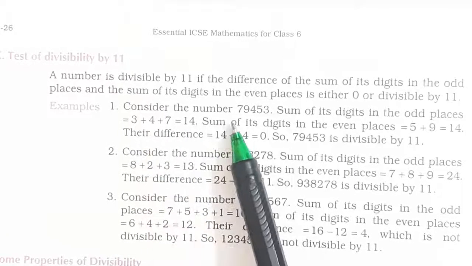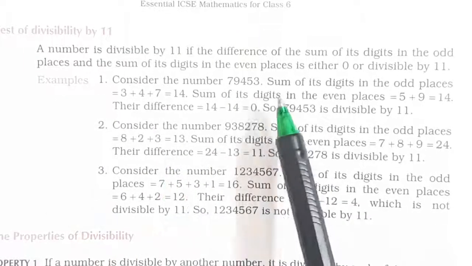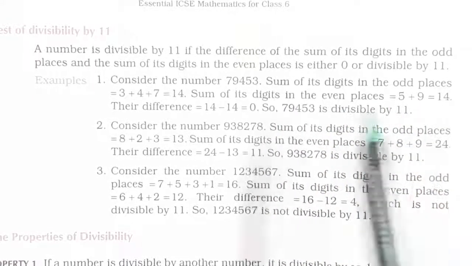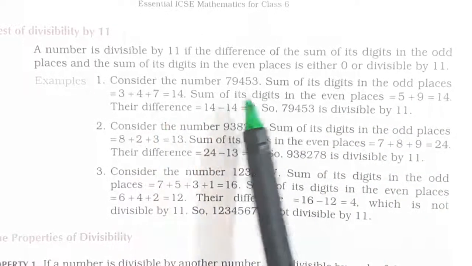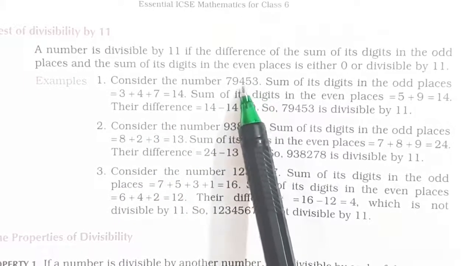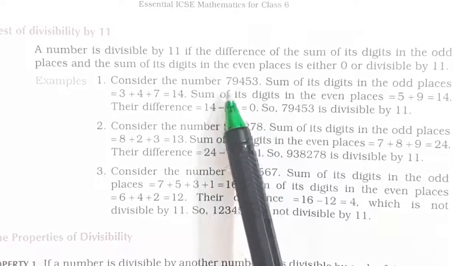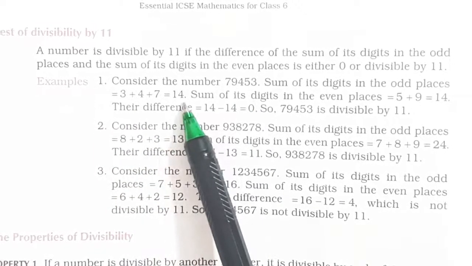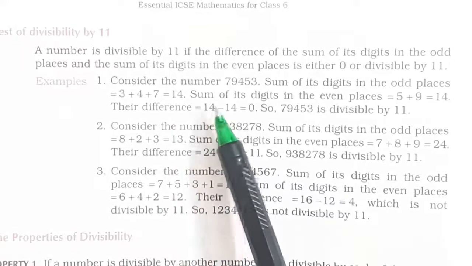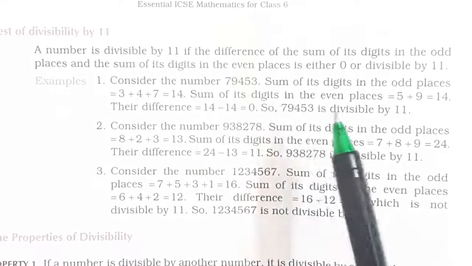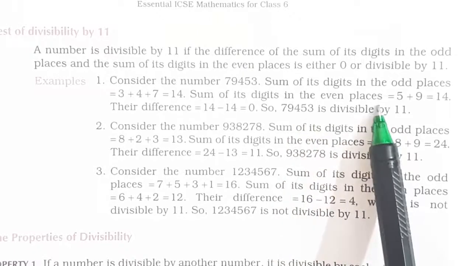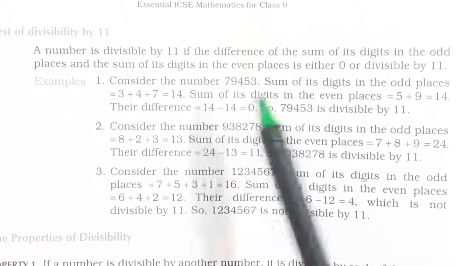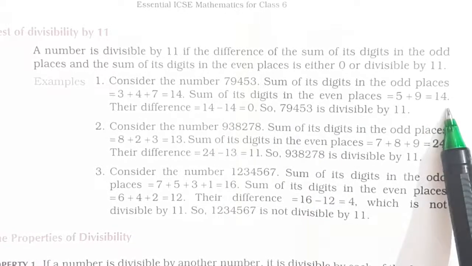Let us consider a number. Sum of digits in the odd places, that is 3, then 4, then 7. 3 plus 4 plus 7 equals 14. And the sum of its digits in the even places is 5 plus 9, that is 14.